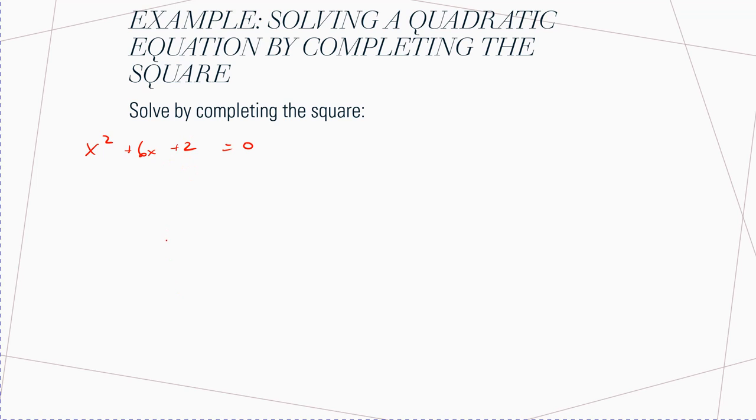So what I'm going to do here is subtract the 2 over. So I'm left with x squared plus 6x is equal to minus 2. Now I'm going to solve by completing the square on this binomial. I'm going to take this 6, divide it by 2 and square it. Whatever I add to one side of the equation, I have to do to the other.